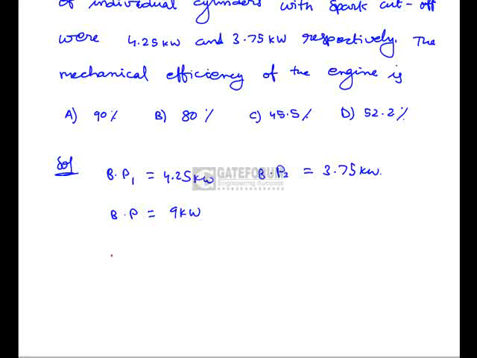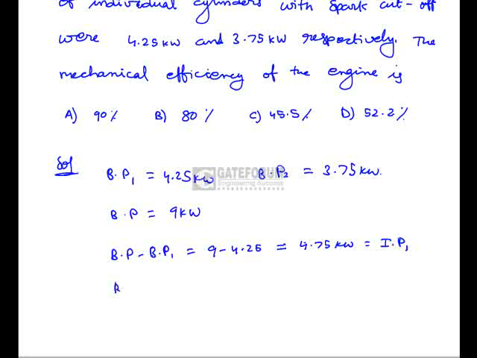Now, if you subtract BP1 from the BP, which gives 9 minus 4.25, which is equal to 4.75 kilowatts, which gives indicated power of first engine.